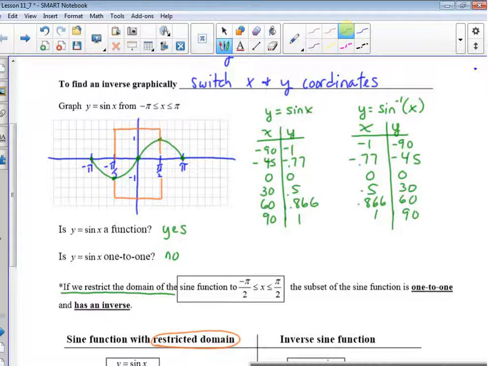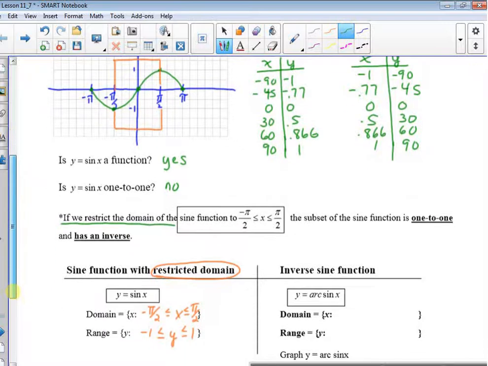So you can see the restricted domain on the y equals sine x is going from -90 to 90, range is -1 to 1, and that gets reversed for the arc sine, or the inverse. So now the domain is going -1 to 1, and the range, if you look at the y coordinates of the inverse, is going from -pi/2 to pi/2.